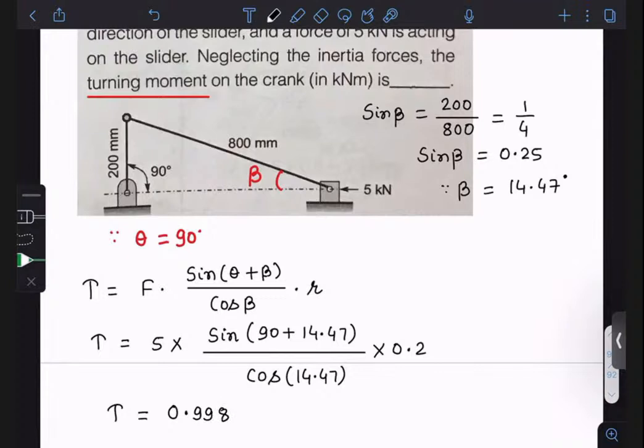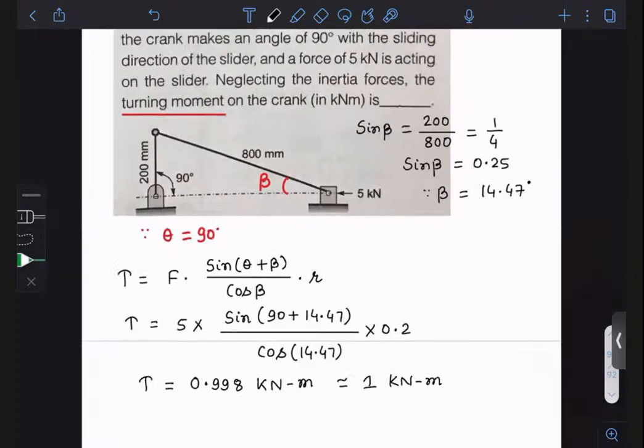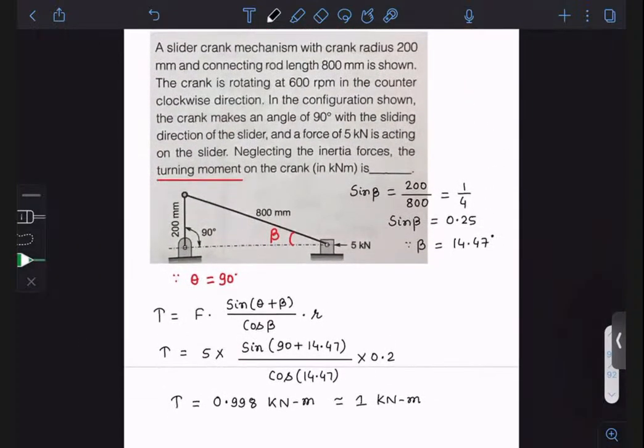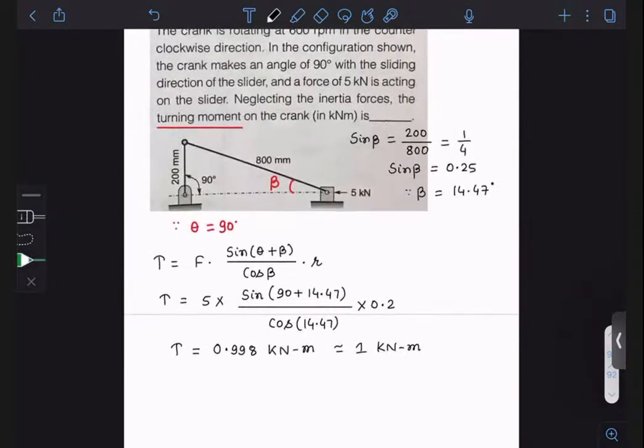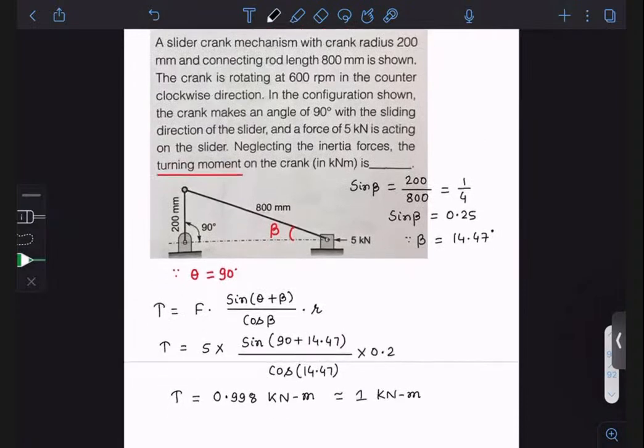Since the force is given in kilonewton, therefore we are going to get it in kilonewton meter. So it is 1 kilonewton meter, right? 1 kilonewton meter. Now, see everyone, next problem which I am going to give you. I hope this part is done, everyone.